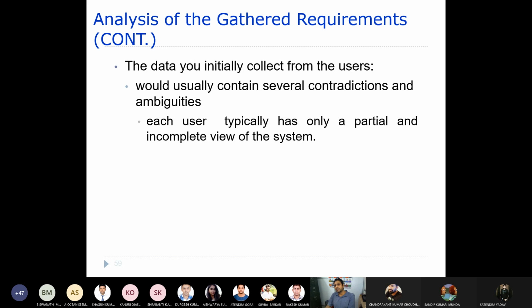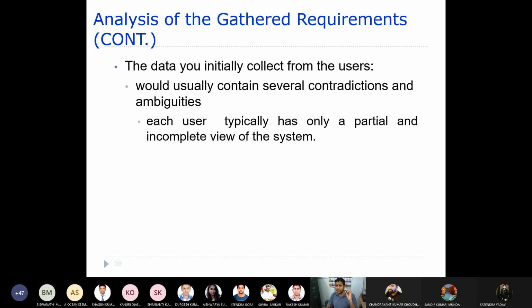In that case, the users of the accounting system or the financial system will not have any view of the registration process, because they are going to use that particular module, mostly, right? So that means they have a very partial, incomplete view of the system, right?